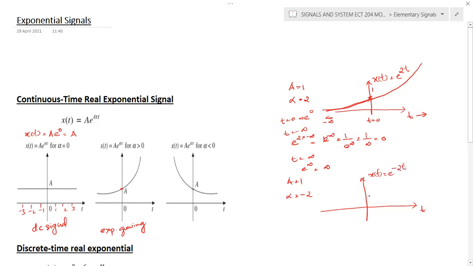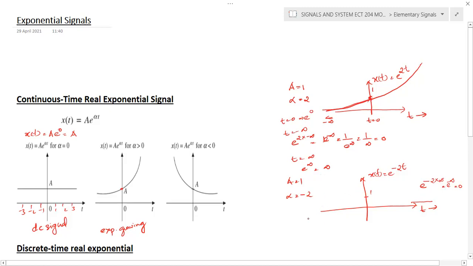Again, at t is equal to 0, it's e raised to 0, which means it's 1. Now we can evaluate the value at t is equal to infinity. It becomes e raised to minus 2 into infinity, that is e raised to minus infinity, which is equal to 0. So at t is equal to infinity, the function becomes 0.